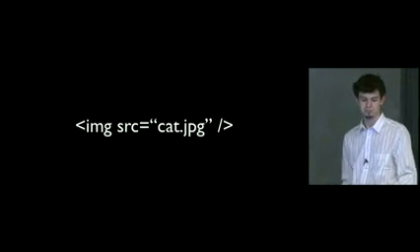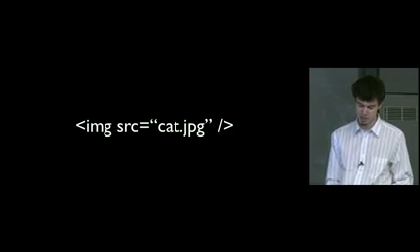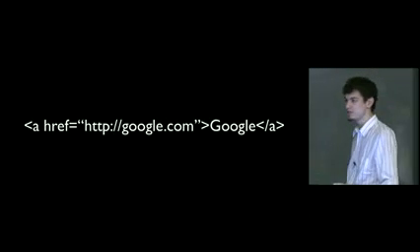So notice here that these attributes like src and href aren't just random things that I get to choose. This is something that the HTML specification tells me. This is how, for example, to say where a link is pointing. Just as we looked at protocols like HTTP that had this standard set of rules that everyone should follow, even if they don't really agree with those rules, we have the same thing here with HTML.